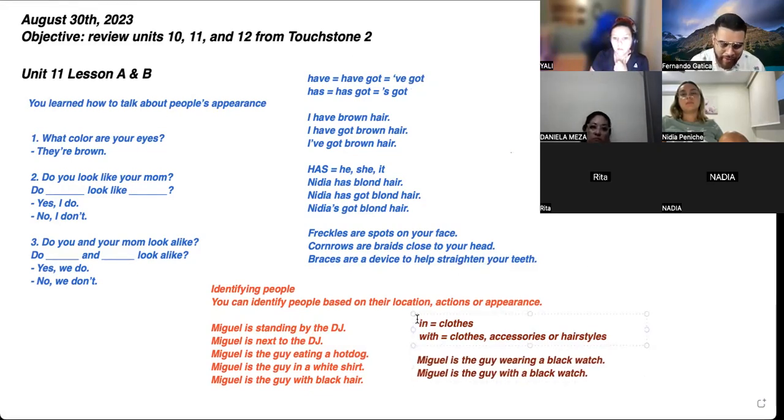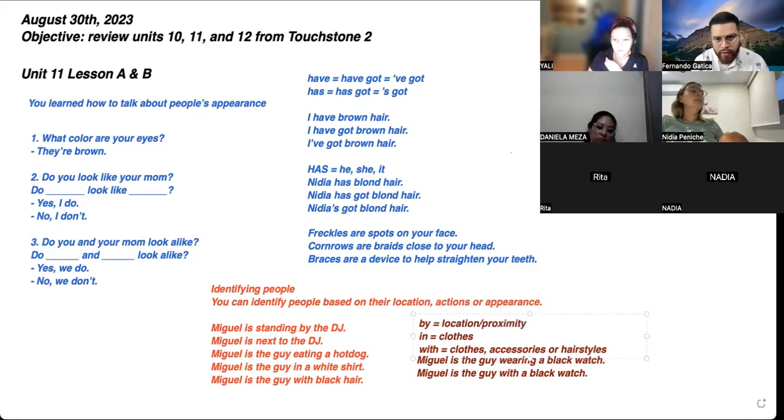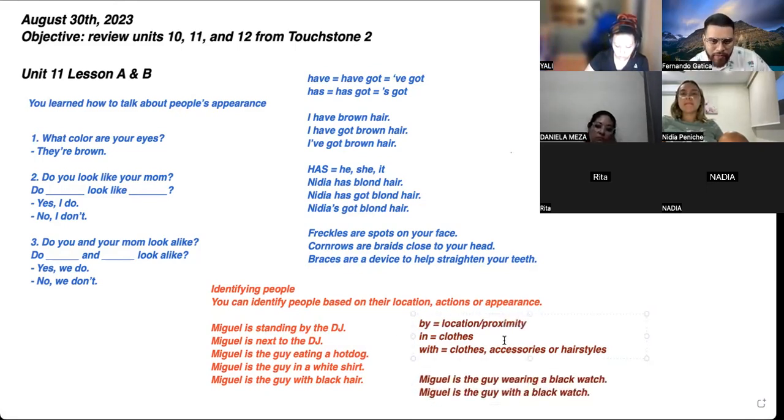So we can use by for the location or proximity. If somebody is close to something, you can use by. Si alguien está cerca de algo, pueden usar by. By the DJ, by the table, by the door, cerca de la puerta. Okay. Thank you. All right.